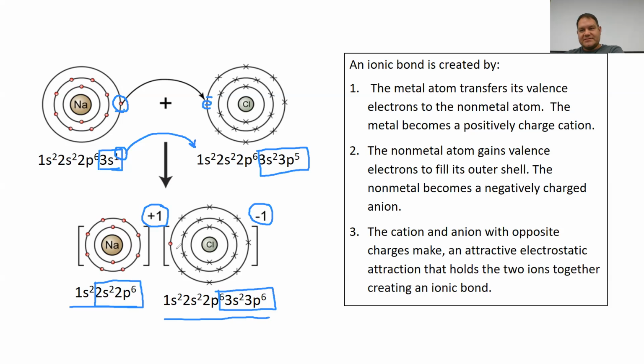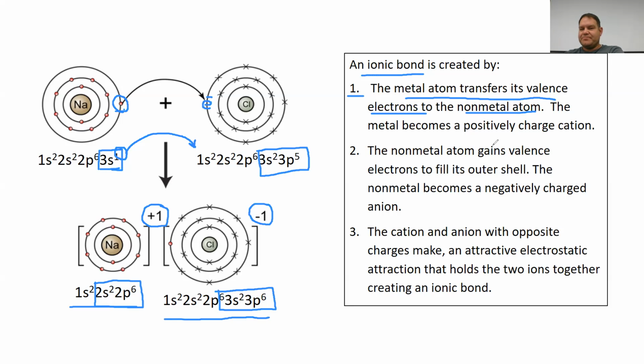The only thing is we have to be stuck together. We have to stay together. And so that's what will happen: we're going to form this ionic bond between the sodium and chlorine, right? So again, the steps: number 1, to create an ionic bond, the metal has to transfer its valence electrons to the nonmetal. That's the first thing that has to occur.